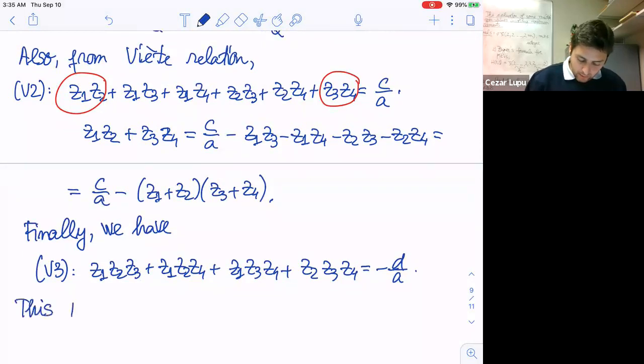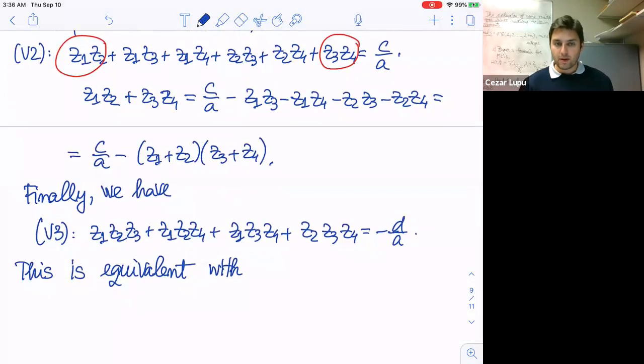This is equivalent with... let's be very careful here when we do this. Okay, so what I'm going to do is the following. The idea is to keep this guy separate.